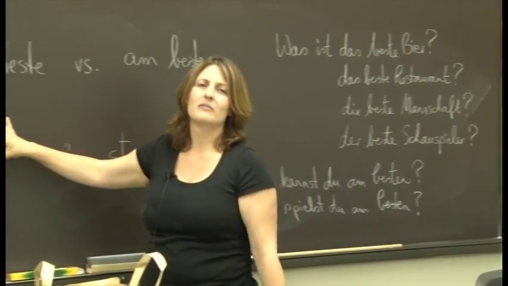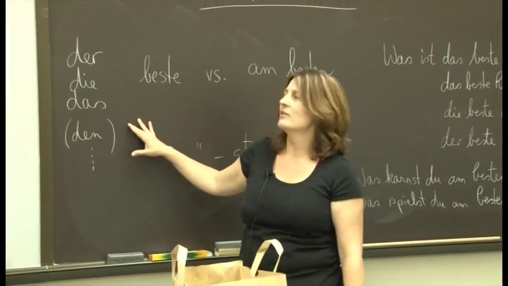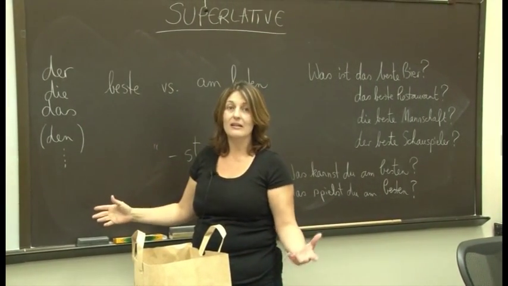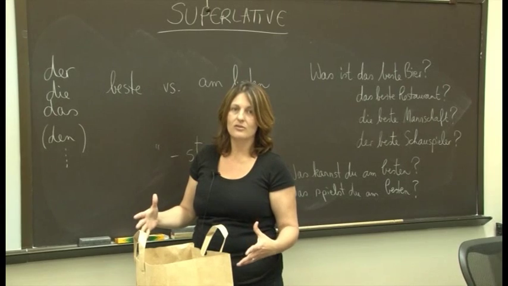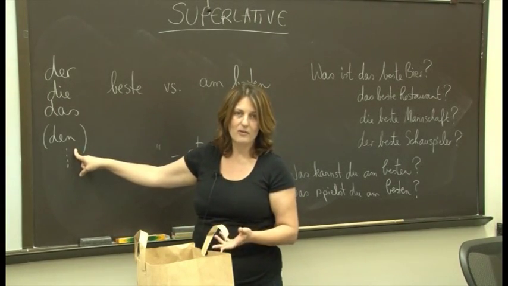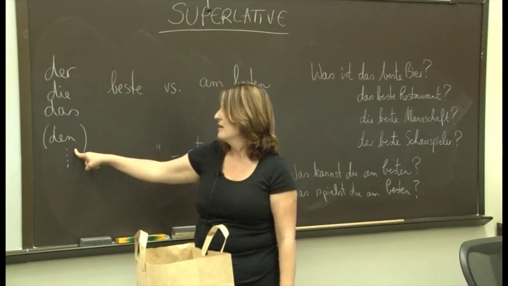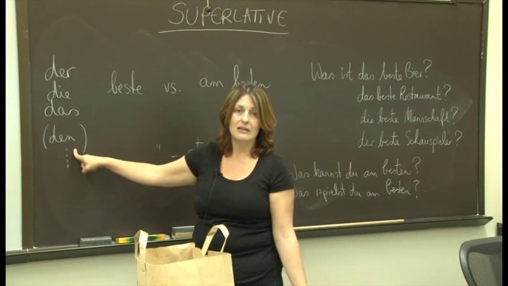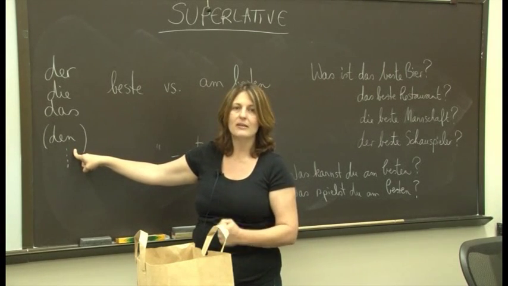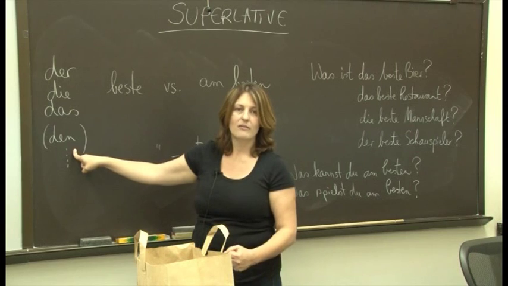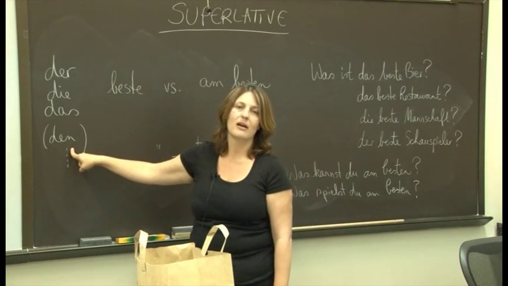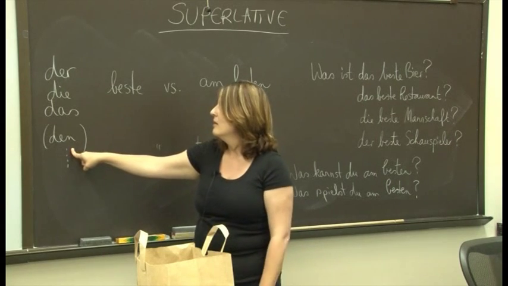So in brackets, because it's not something we're focusing on, but I want you to be aware of this. Of course, it's not only der, die, das. As you know, we have cases in German, no? We covered one, the accusative. There are more coming next semester. So it could also be den, no? For masculine accusative. Ich habe den besten Vater, no? I have the best dad of the world. That's accusative, so den besten, ja, ich habe den besten Vater.